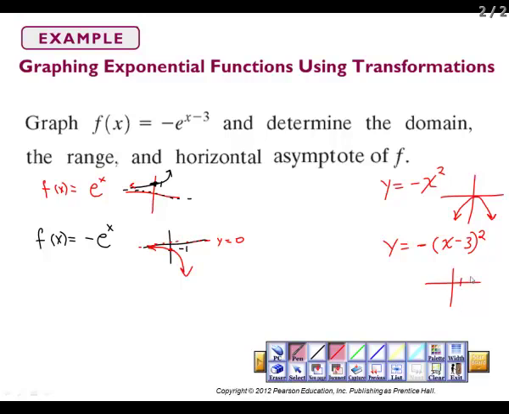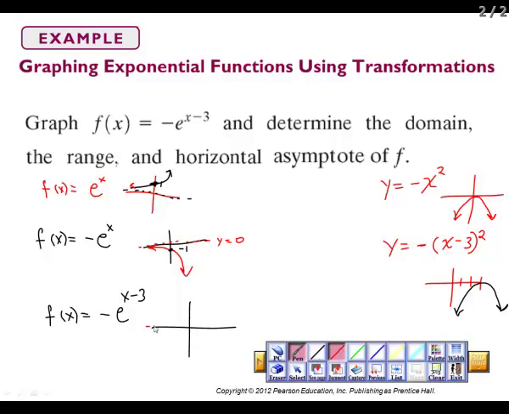You should have said to the right 3 spaces. And so that's what's going to happen here when we have f of x equals negative e to the x minus 3. It behaves like it does when x is in parentheses. So that's going to make this point here, the y-intercept, shift.